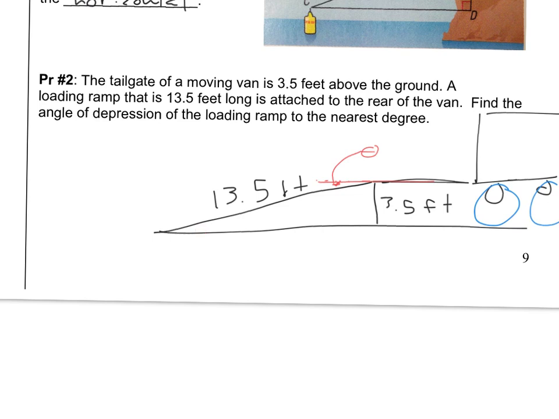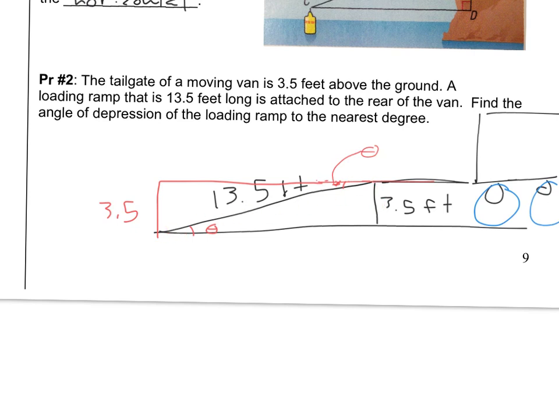Or we can also just extend this horizontal line, draw a line straight down, and then we also know that this distance 3.5 has to be the same as this distance of 3.5 feet. And then we can just find the actual angle that they're talking about. But it's going to be the same because, look, even from this angle, you have an opposite of 3.5 and a hypotenuse of 13.5. Or if you were to find this congruent angle, I'm going to mark these angles as congruent. This angle has an opposite of 3.5 feet and a hypotenuse of 13.5.